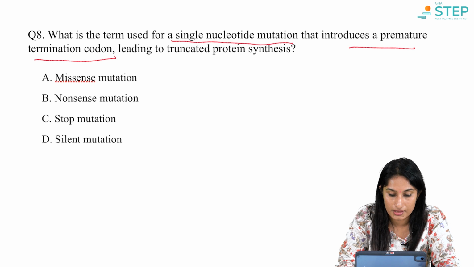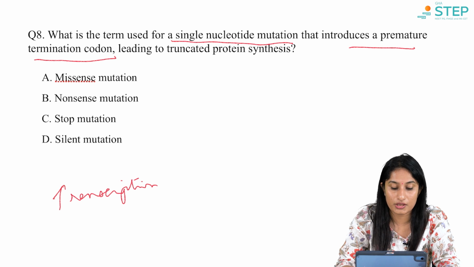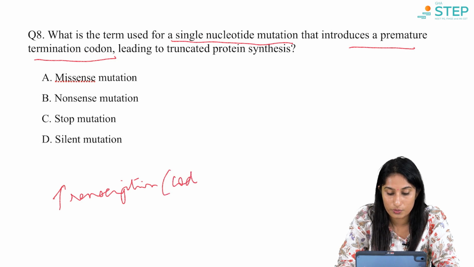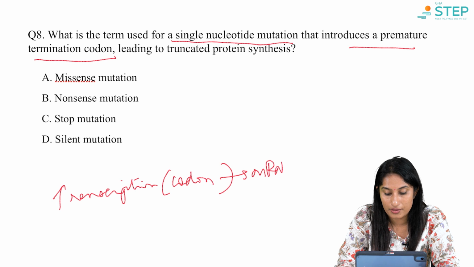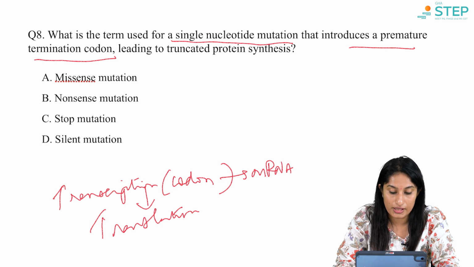So we understand there are two processes we are talking about. One is transcription. Why are we talking about transcription? Because there is a mention of the word codon. Codon is present in the mRNA. And then there is another process, translation, that is the synthesis of proteins.